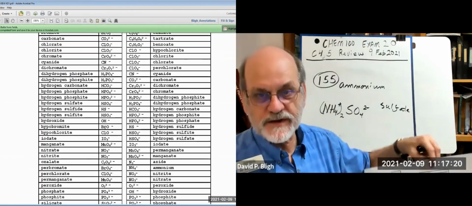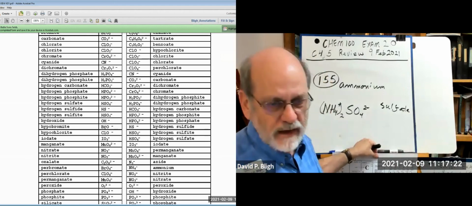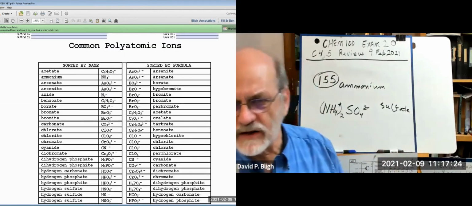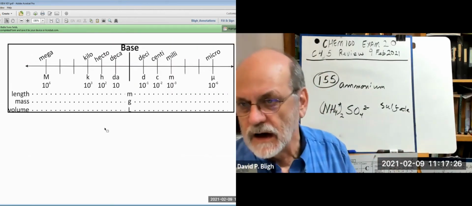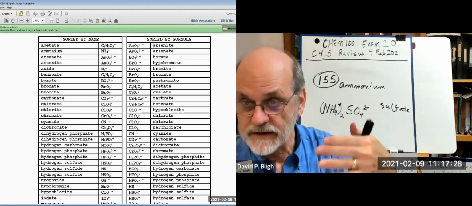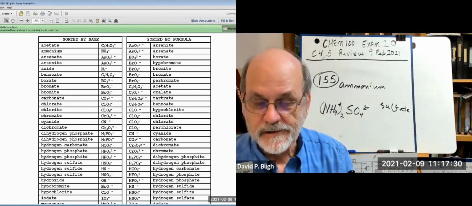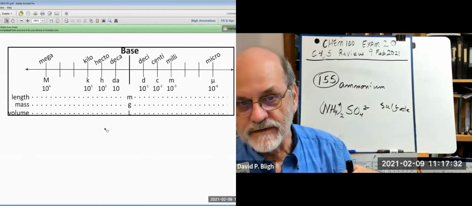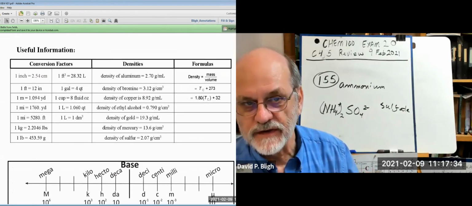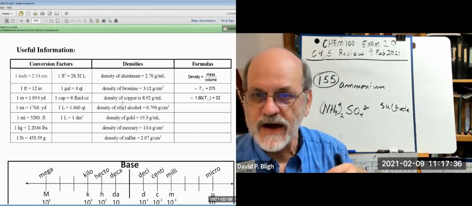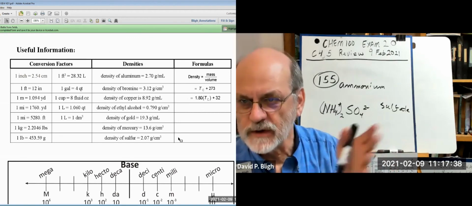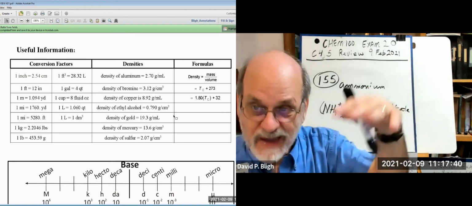For this exam. Now, for subsequent exams, what I generally do is, if I have separate tables like this, I add those to it. And if I have extra information to go in this table, like conversion factors, densities, formulas, that type of thing, I just expand that table.